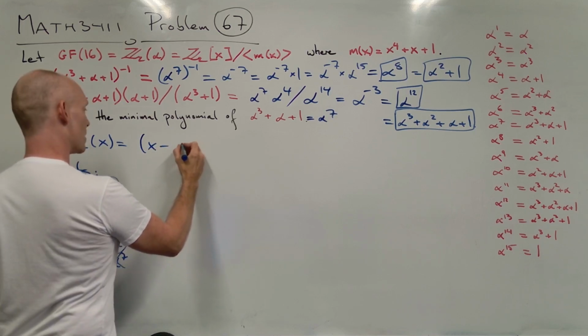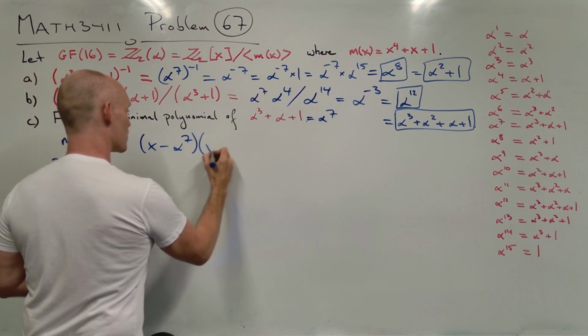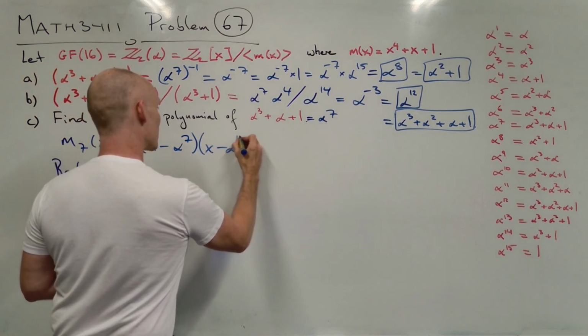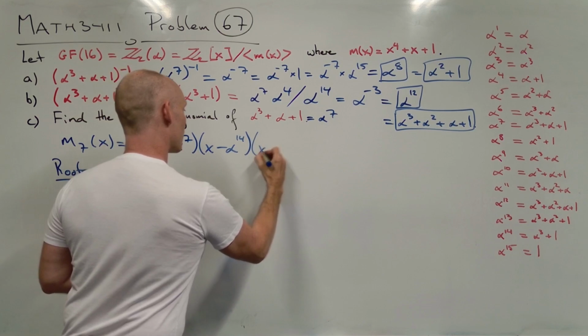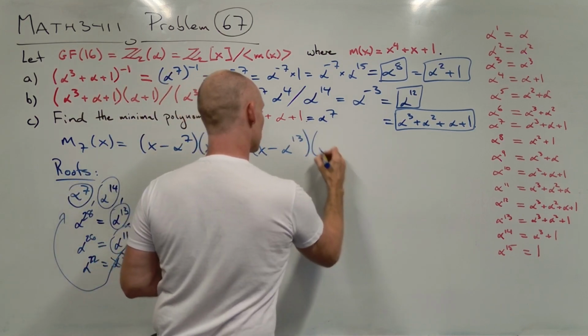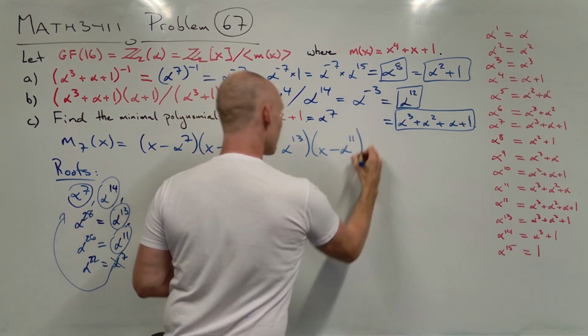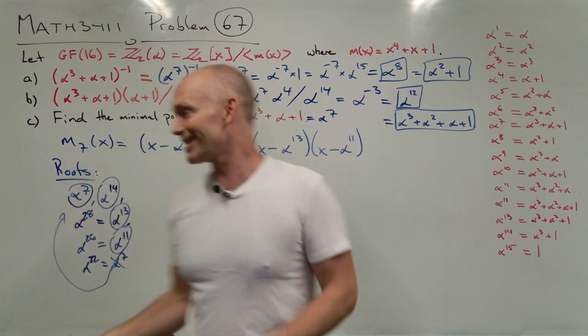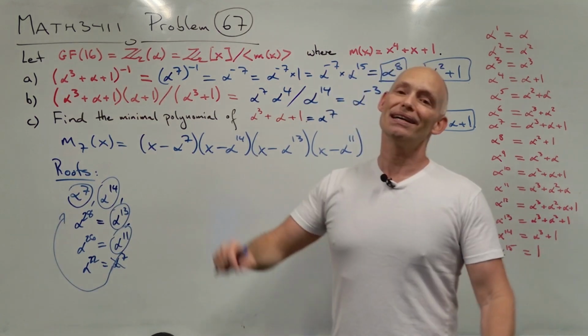So x minus alpha to the power of 7, times x minus alpha to the power of 14, times x minus alpha to the power of 13, times x minus alpha to the power of 11. And that's it. Ta-da! There's the minimal polynomial.